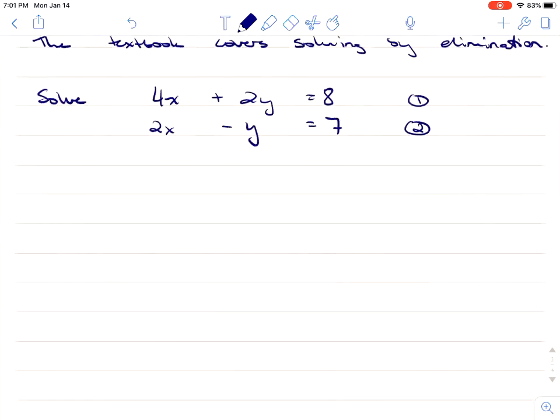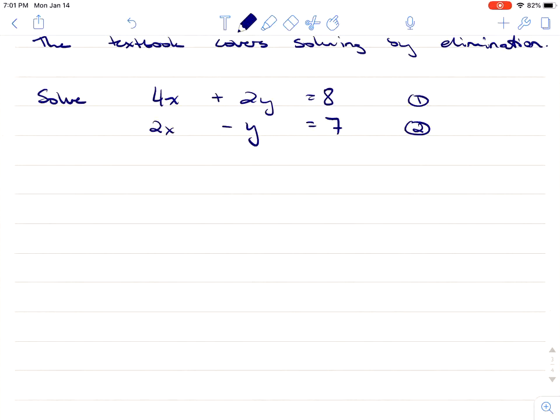So looking at this, I'm still thinking that solving for y in equation 2 looks like the easiest thing to do, right? Because it's not attached to anything. It's just got that negative there, which we can deal with. But we can solve for any one of these. We could use the first equation with the 4x and solve for x.